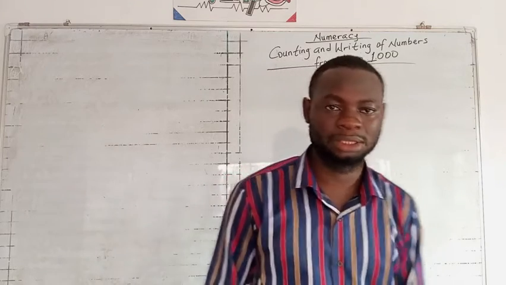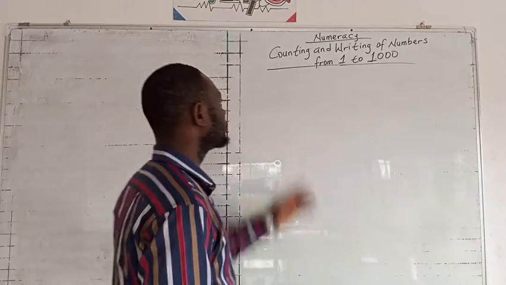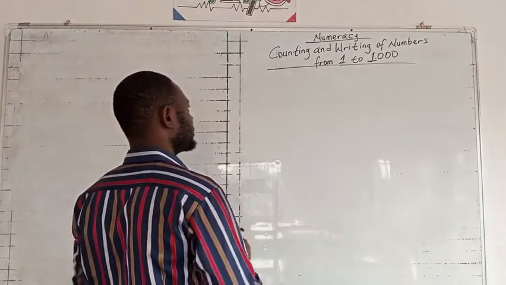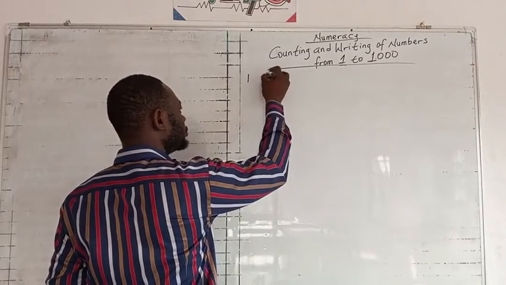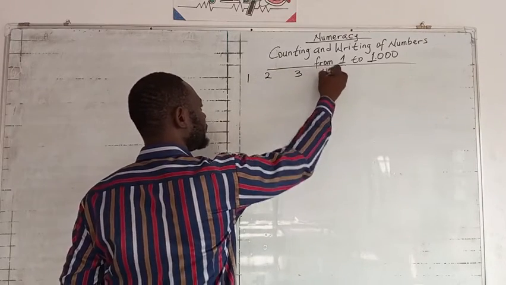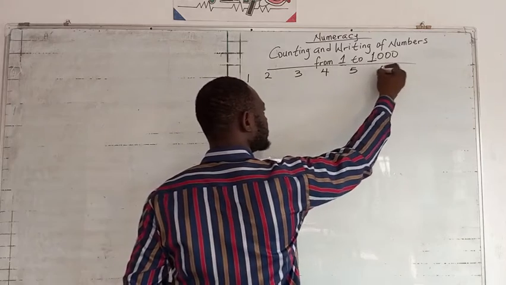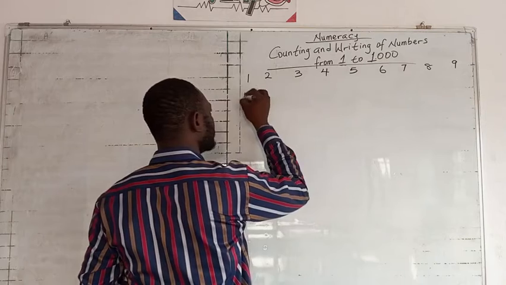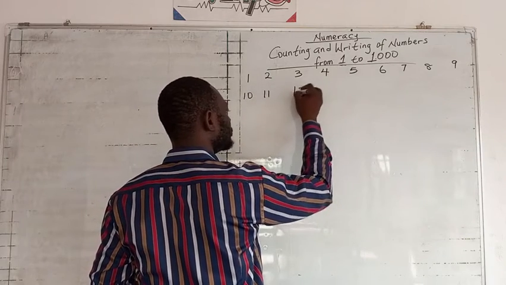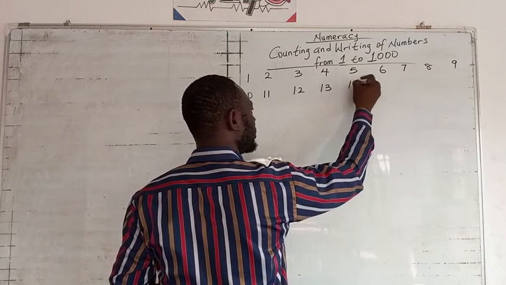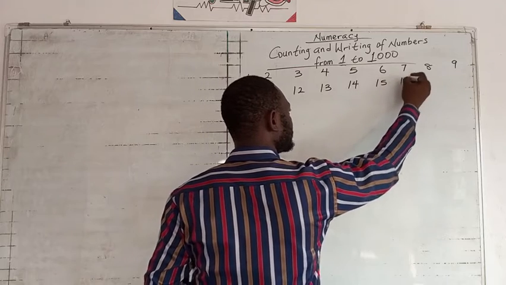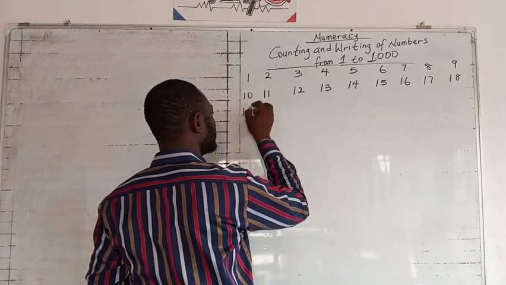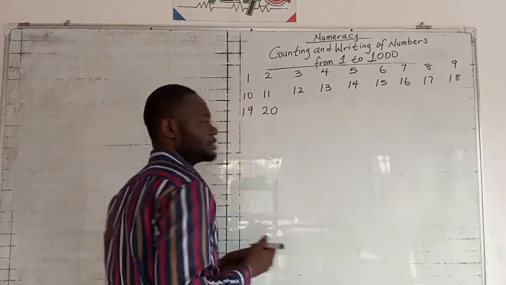Now, when we talk about counting and writing of numbers, let's take for example the numbers 1, 2, 3, 4, 5, 6, 7, 8, 9, 10, 11, 12, 13, 14, 15, 16, 17, 18, 19, and 20.